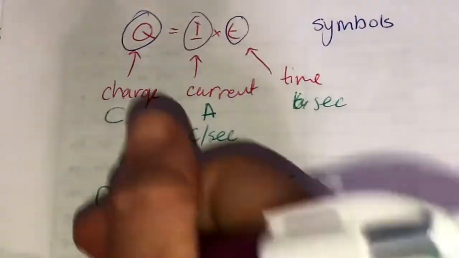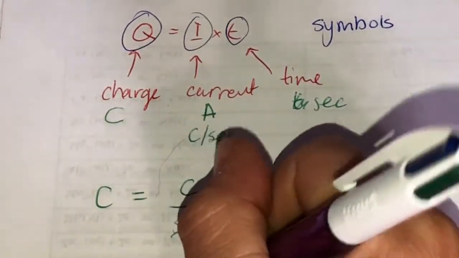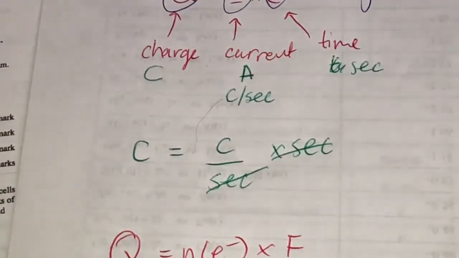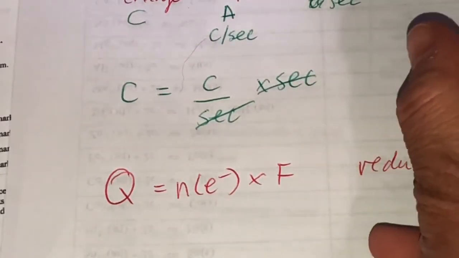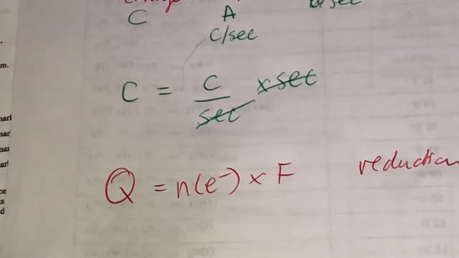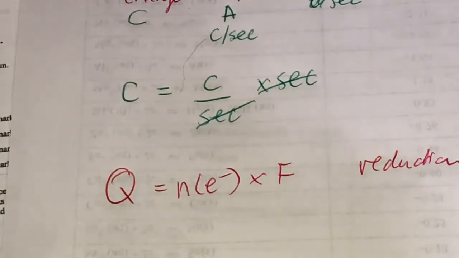The other one that you need to be aware of is Q equals n times F, because it allows you to relate the two equations together. Basically, because we're looking at reduction, for example, the amount of metal obtained during electroplating, you have the transfer of electrons from the reductant to the oxidant.